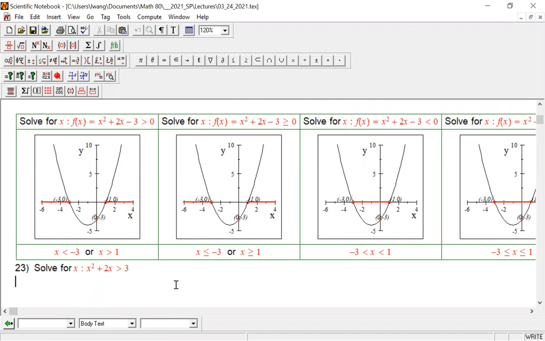What do we do? How do we solve that inequality?